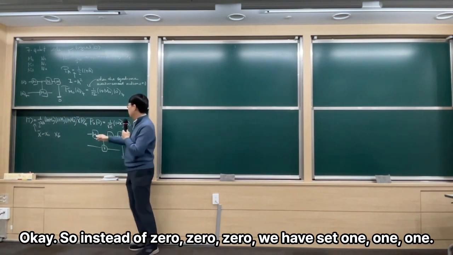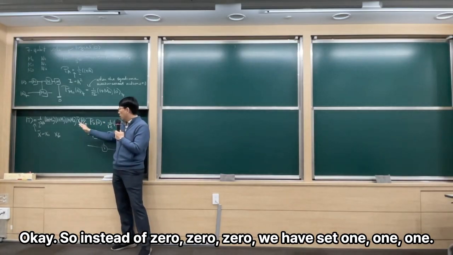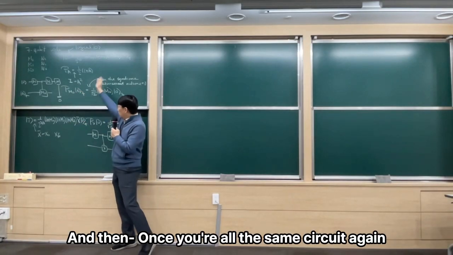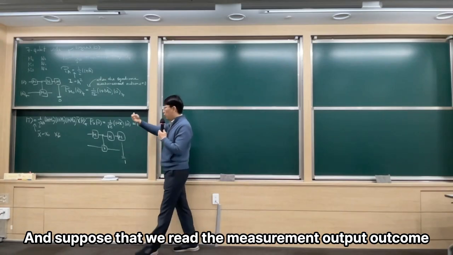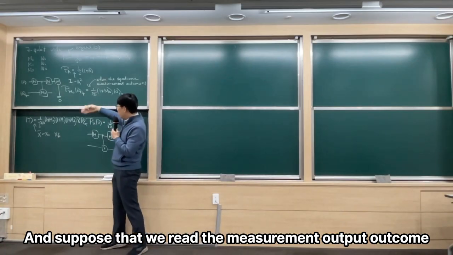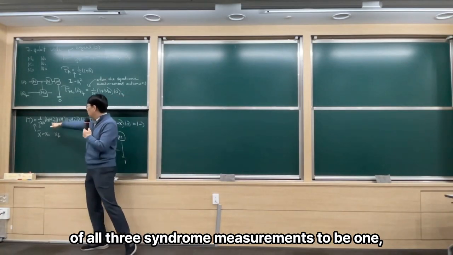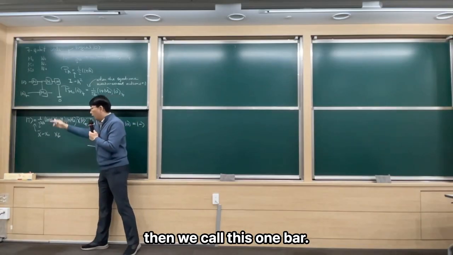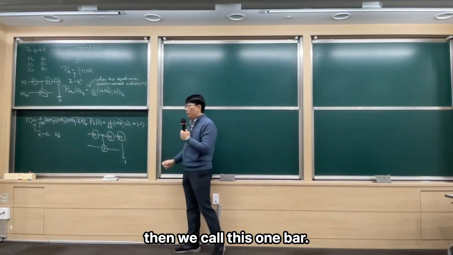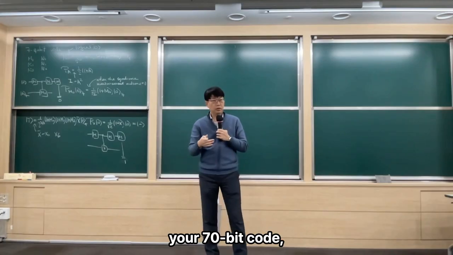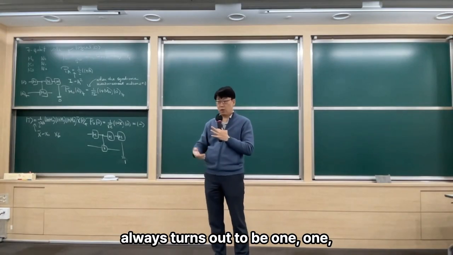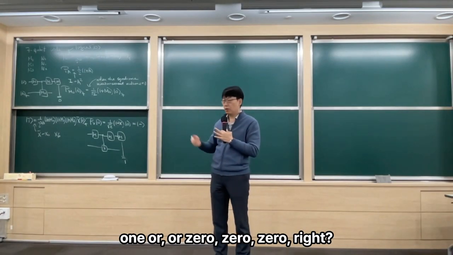So instead of 0, 0, 0, 0, we set 1, 1, 1, 1 and run through all the same circuit again. Suppose that we read the measurement outcomes of all 3 syndrome measurements to be 1, then we call it 1 bar. But if you really want to implement your 7-qubit code, you don't expect the outcome always to turn out to be 1, 1, 1 or 0, 0, 0.